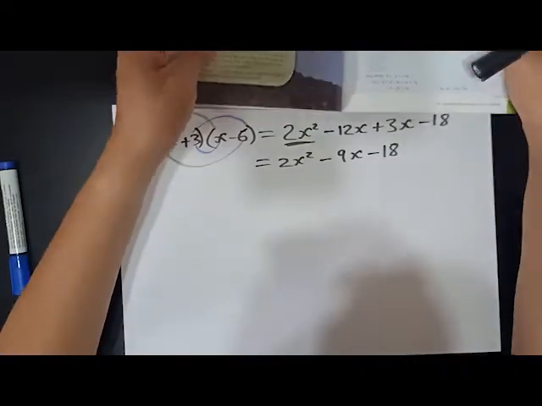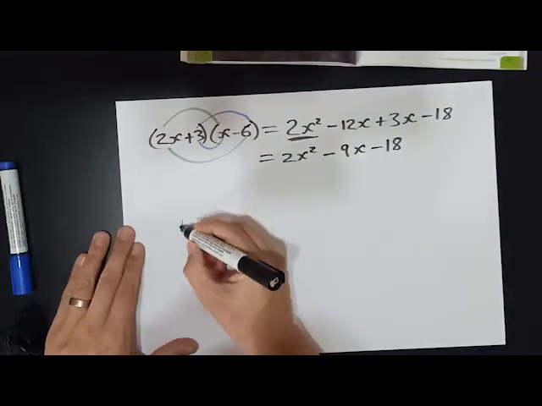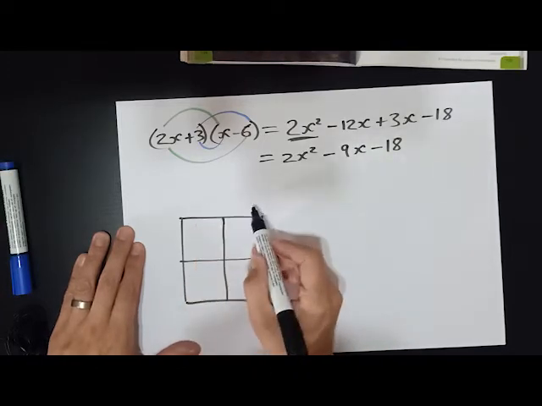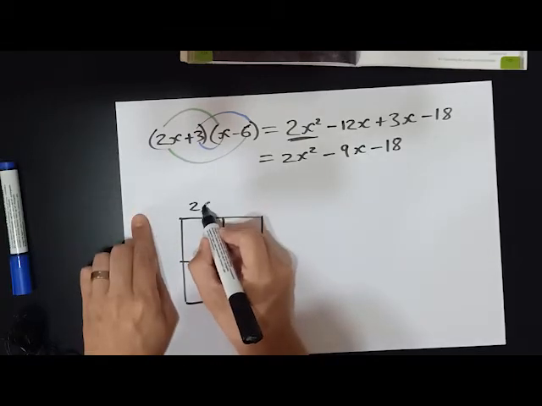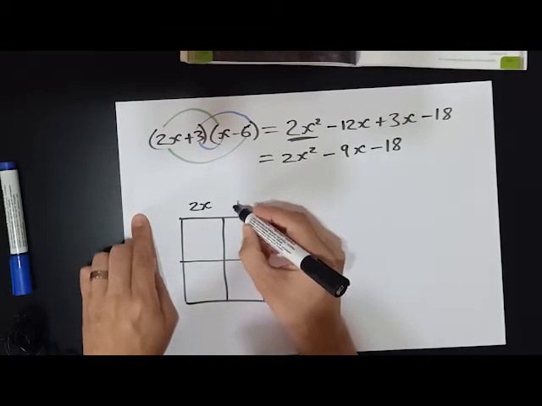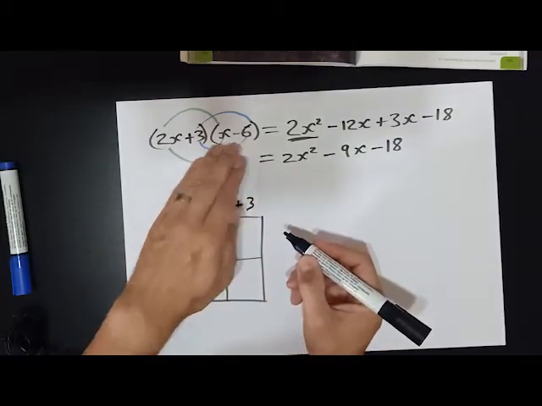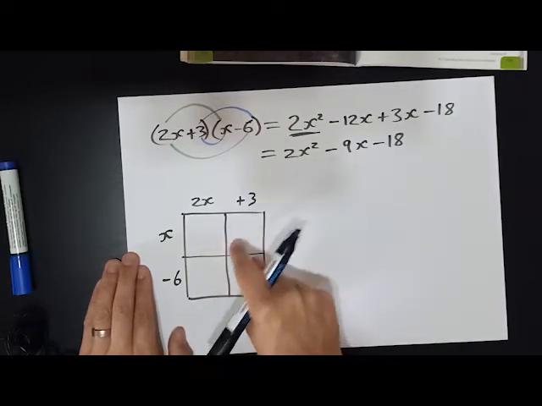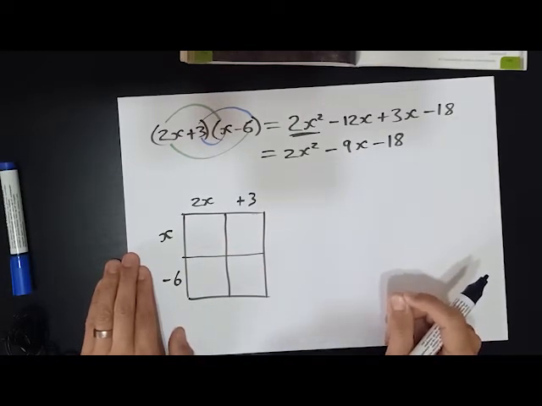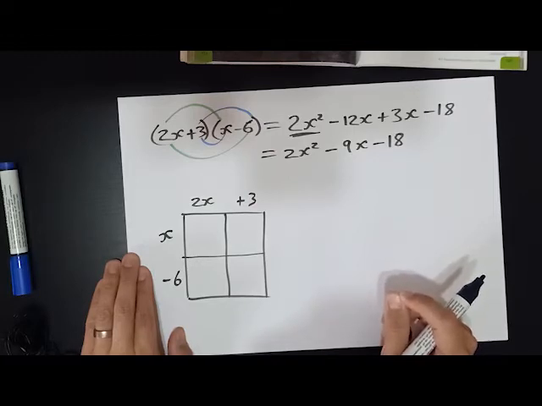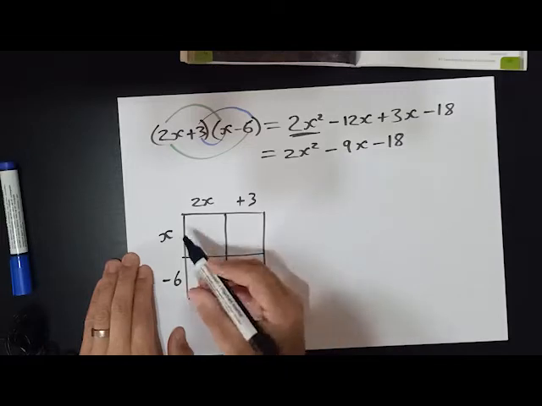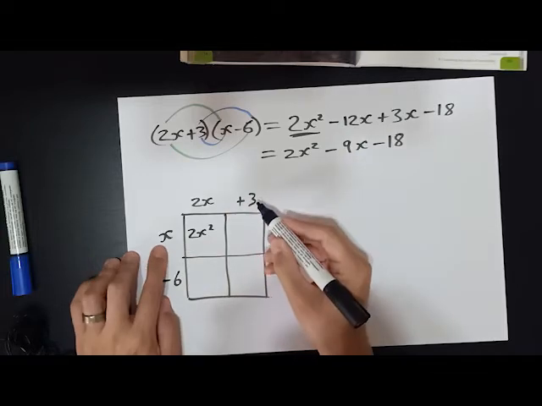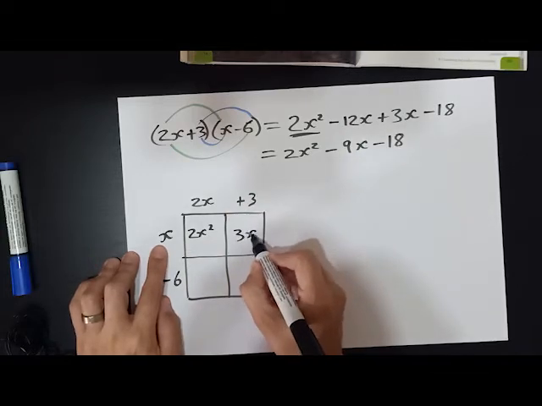Okay. So the other method is that we draw a square, a grid. Along the top, we're going to have this expression, 2x, and this is plus 3. And then down the side, we'll have this expression, x minus 6. So we need to multiply each of those things. So 2x times x, that's your 2x squared. 3 times x is 3x, positive.